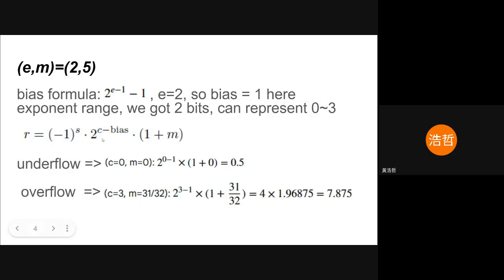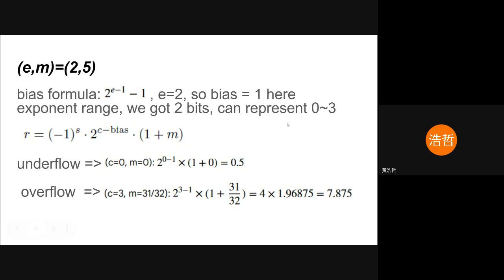And we got this formula, and we need to calculate bias first. Here is the bias formula. So we take exponent and mantissa as 2, 5 to calculate for example. For e equal to 2, bias is equal to 1. So we only got 2-bit exponent, so we can only represent 0 to 3.